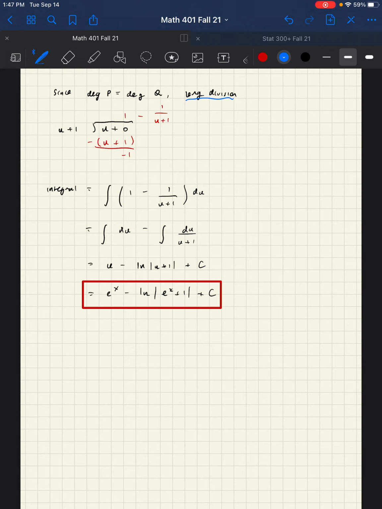Then we did long division to get a simpler rational function. And now we're using our rational function techniques. In this case, it was as simple as splitting it into two rationals, one just being 1, and the other being 1 over u plus 1, for which we can apply a natural logarithm.